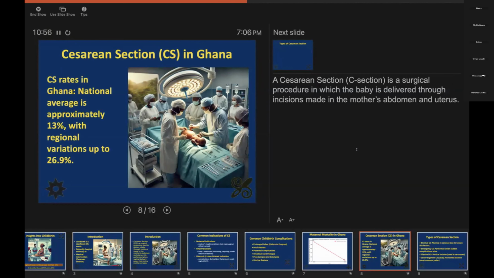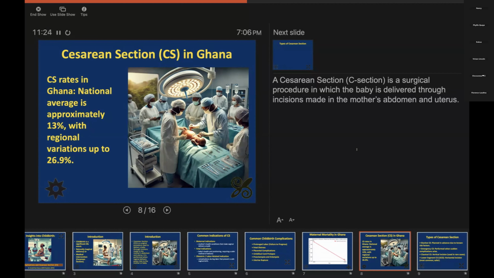Currently, as a nation, our average cesarean rate hovers around 13%, which literally means that when we take about 100 women who are delivering, 13 of the 100 women will deliver through cesarean section in Ghana as a whole.